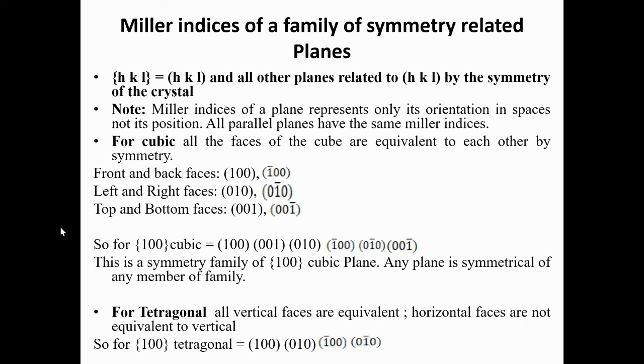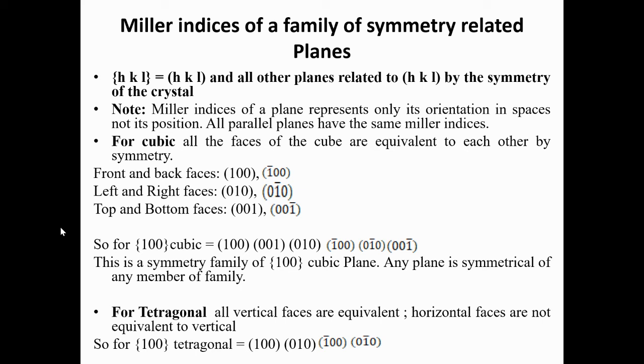So for the cubic family of planes, any member of this family is symmetrical to the others. Here you can see for the {100} cubic family, these are the Miller indices of the planes, and any plane is symmetrical to any member of the family.